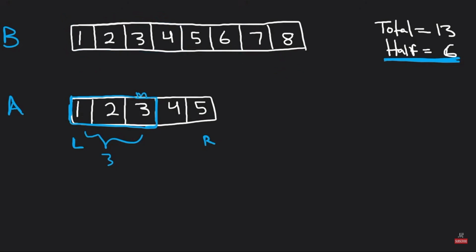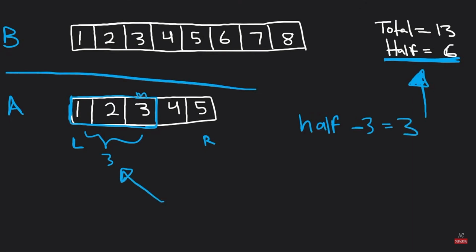Because look at this, half our elements are 6. So really what we can do is say half minus 3 over here is going to be equal to 3. So if we run binary search on just this bottom array, we can compute the size of the left partition for the second array, right?